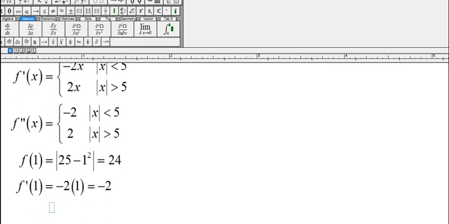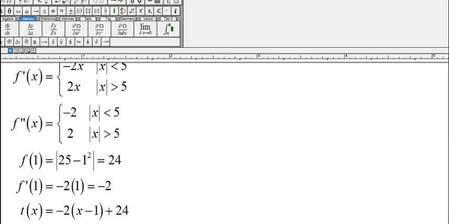So that allows us to get our formula for the tangent line, t of x, equals, the slope is the negative 2, times x minus the x value of 1, plus the y value there at 1, which is 24.